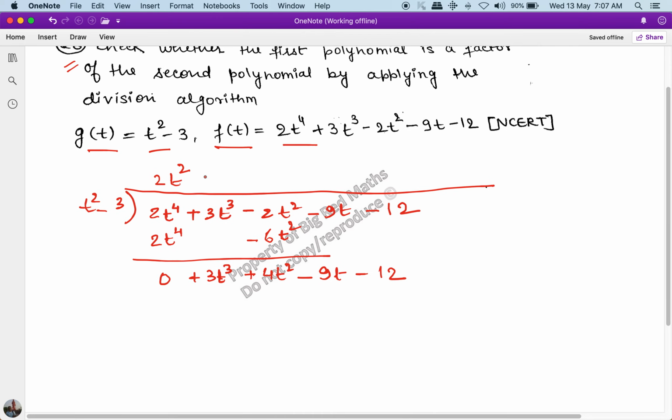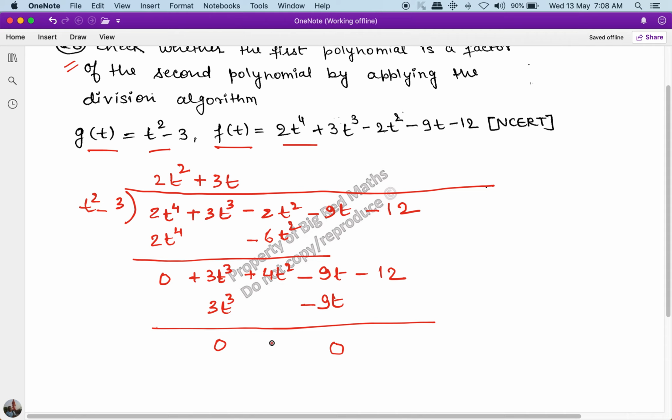Now going further, here I need plus 3t cube, so I multiply this with plus 3t. When I multiply with plus 3t, I get 3t cube. Here I get minus 9t, and when I subtract, this becomes 0 and this becomes 0.